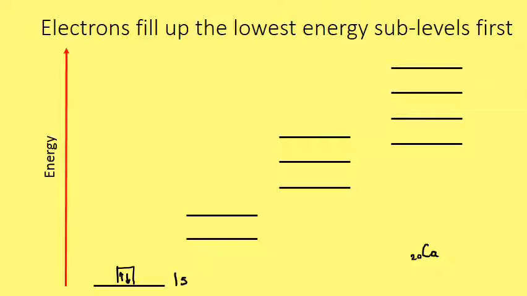The first 2 electrons are going to go into the lowest sublevel, which is this one we've filled in already. The next lowest energy sublevel is going to be the 2s sublevel. And again, that has one orbital into which we can place 2 electrons. So now we've accounted for 4 of the 20 electrons.